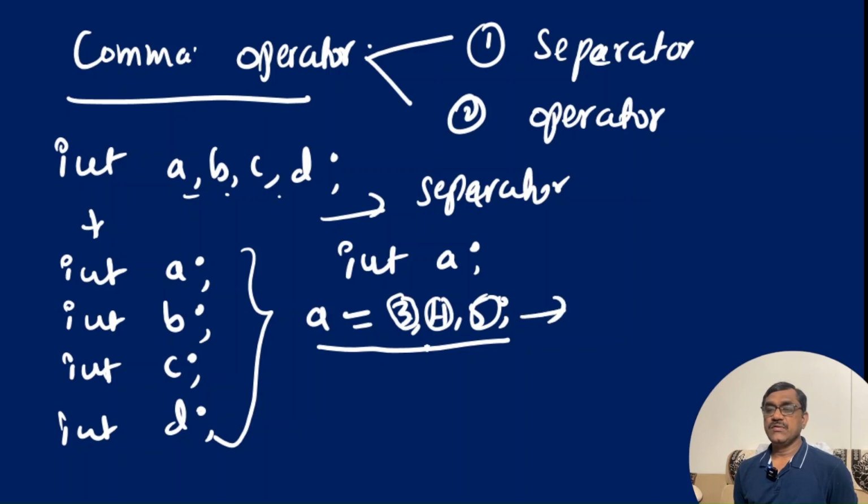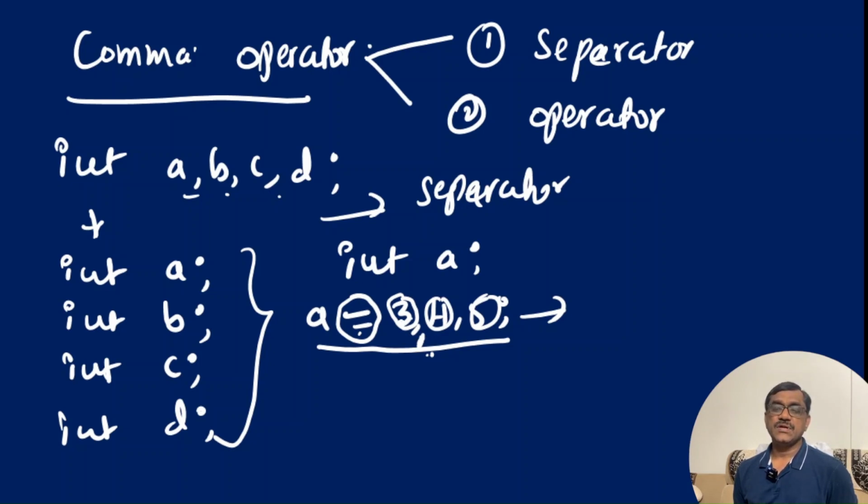Here in this statement, we have the assignment operator and also the comma operator. While we discussed associativity and precedence, the assignment operator has higher precedence compared to the comma operator. That means the assignment operator is evaluated first, next the comma operator is evaluated.